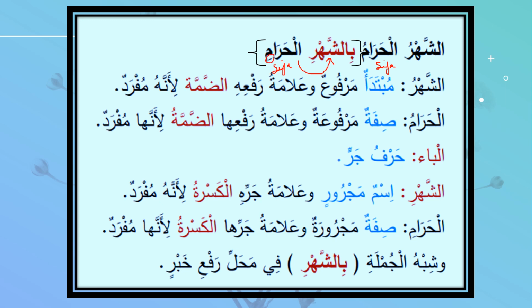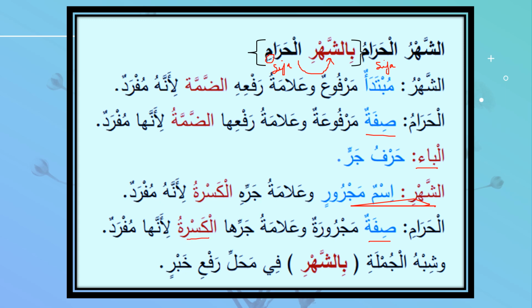Now let's do the i'rab. Ash-shahru is mubtada, and you know it's marfu, alama is damma, and haram is sifa. Then with the harf jar, ba is the harf jar, then comes the ism majroor after the harf jar. So ash-shahri is ism majroor, and whatever follows ash-shahri is a sifa again, majruratun wa alamatu jarriha al kasra.